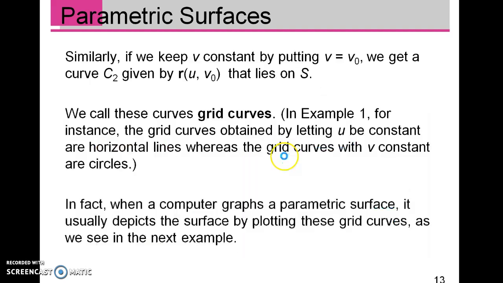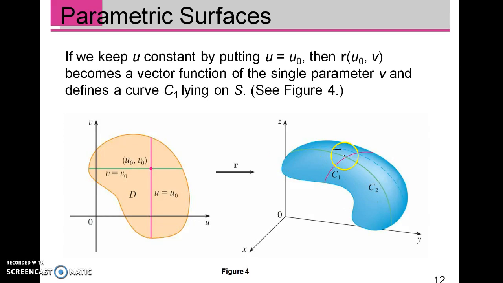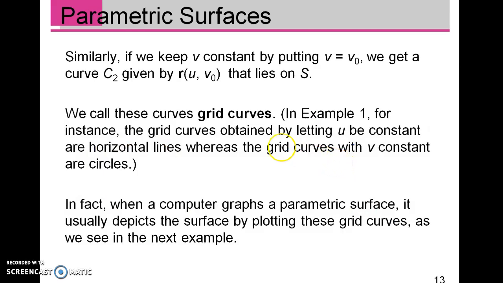And so goes for C2, where your v is constant. Similarly, if we keep v constant by putting v equals some constant v naught, we get a curve C2 given by r of u, v naught that lies on S. And we call these curves grid curves.